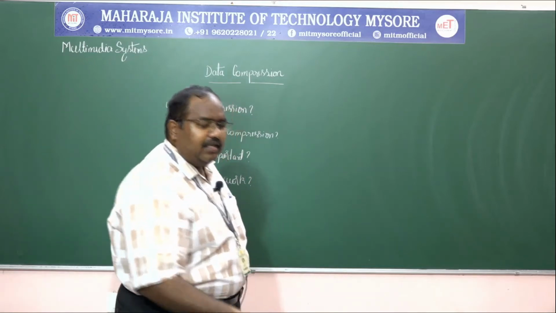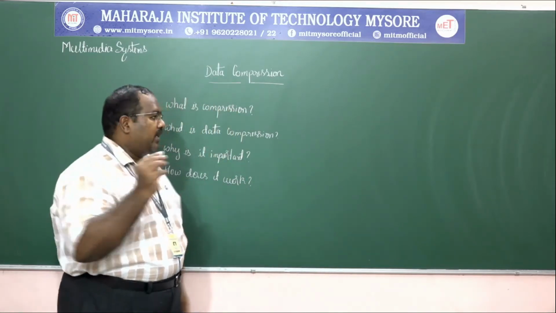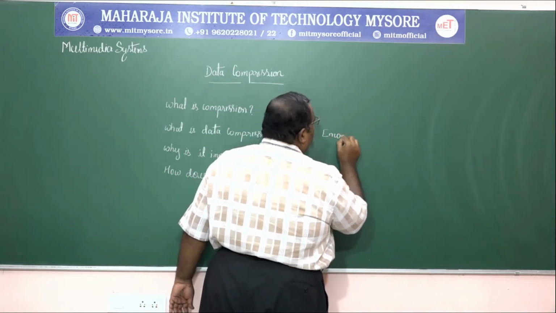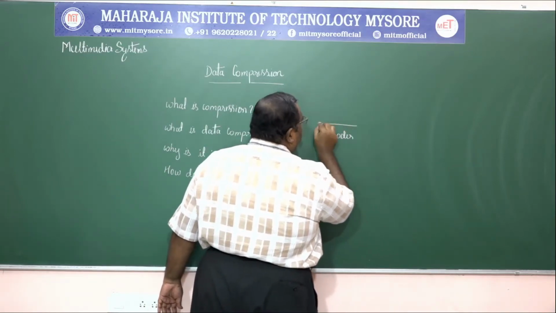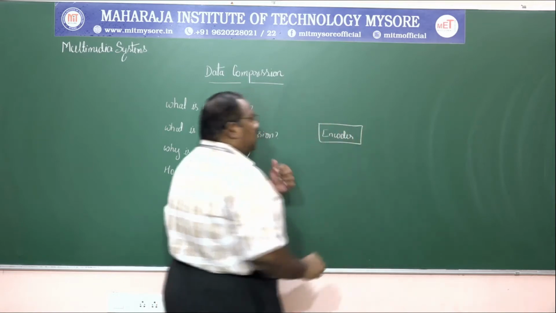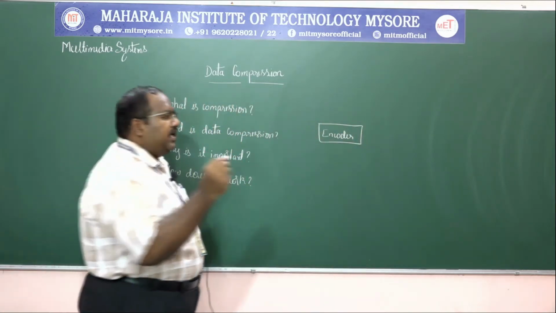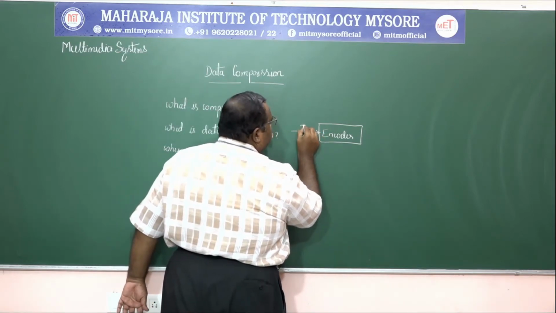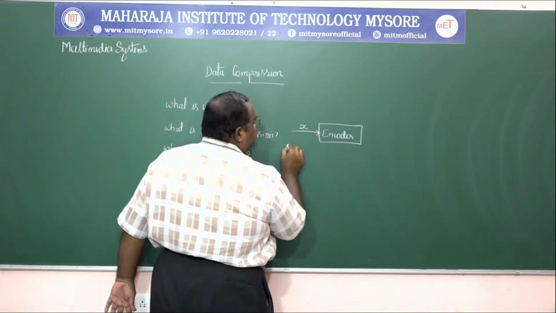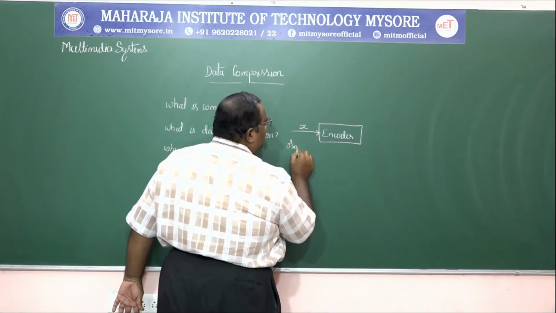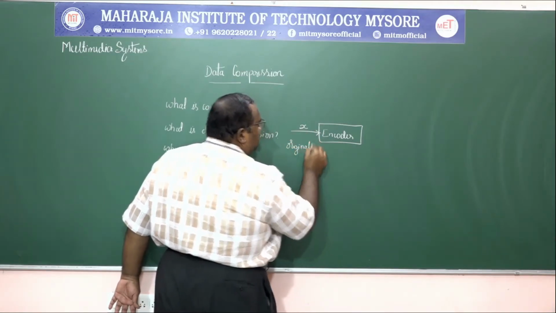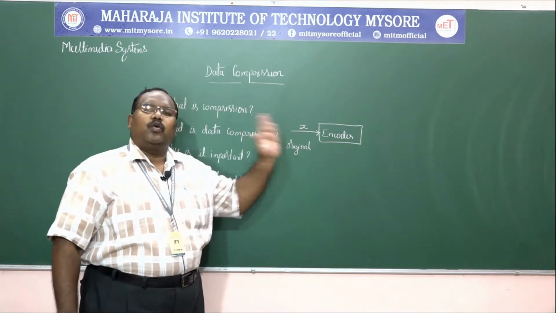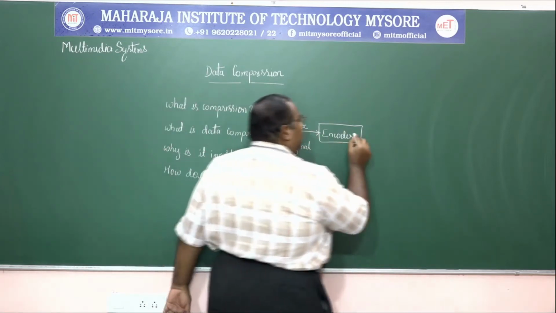It can also be very beautifully represented with a diagram. Look at this. The original data, let us consider it as X, is pushed into the encoder, and there it is compressed.